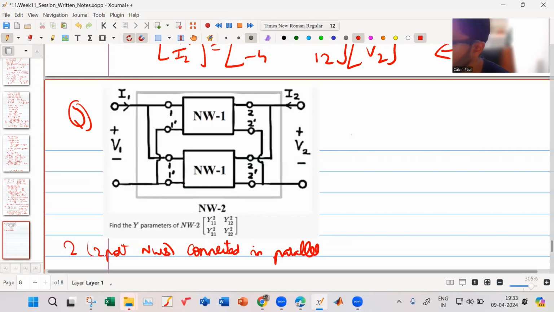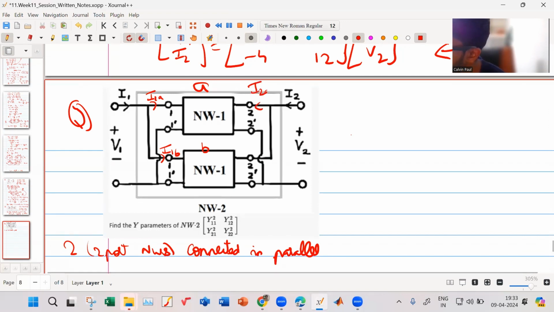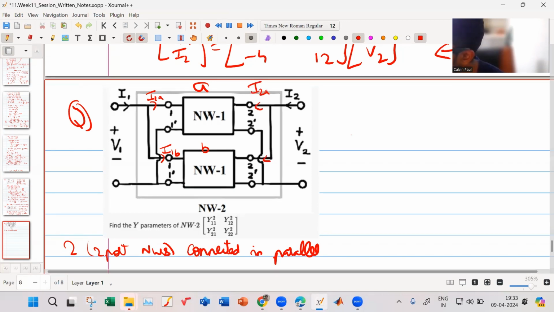Okay. So to simplify, I will say this is network A, this is network B. Both are the same networks, I'm just giving it a notation. Let the current going in here be I1A and the current going in here be I1B. The current going in here is I2A and the current going in here is I2B.